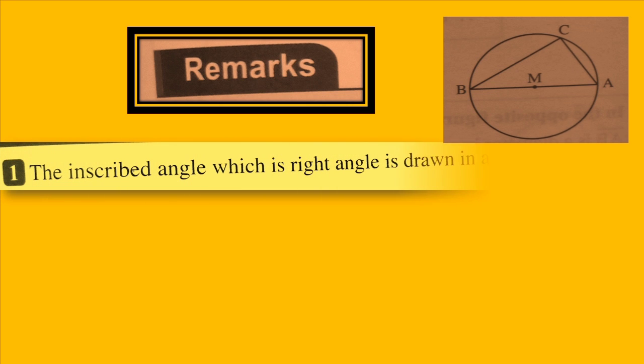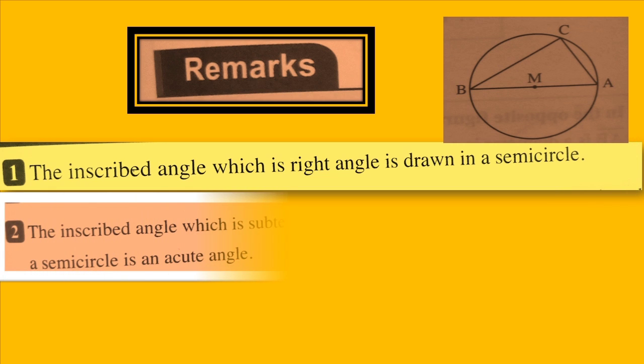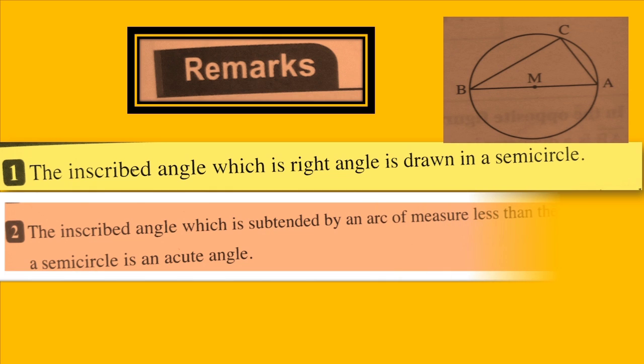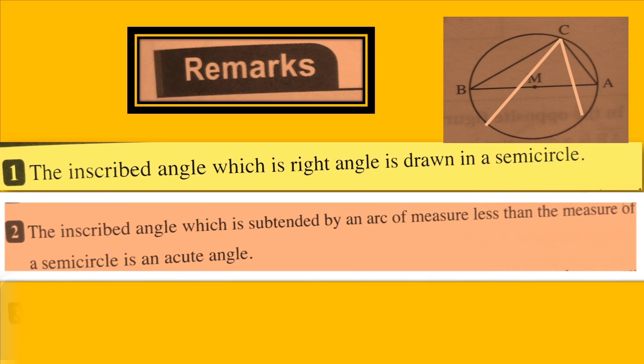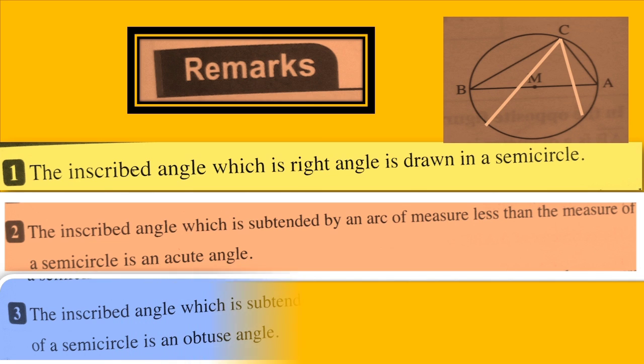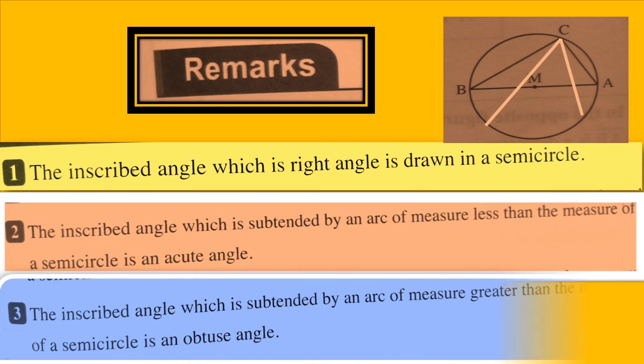If the measure of the arc is less than the semicircle, then the measure of angle C is not right here; this is an acute angle. If the measure of arc AB is more than the semicircle, this is an obtuse angle. Yes, these are very important remarks.